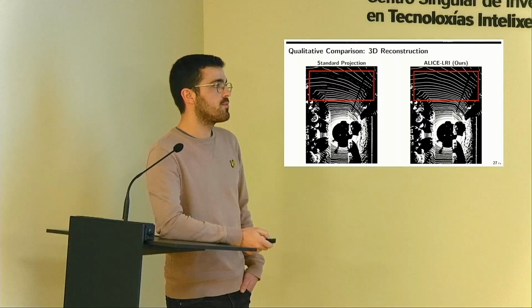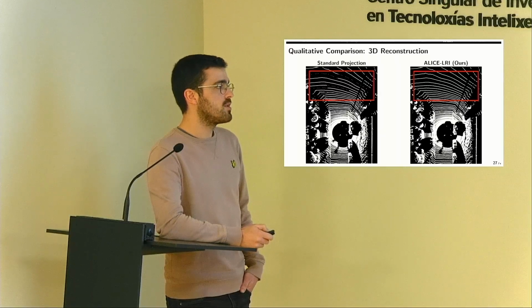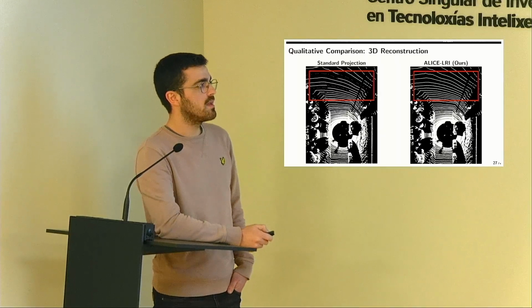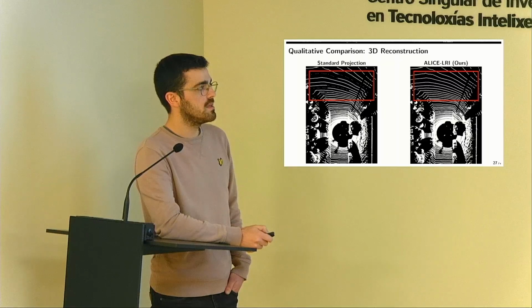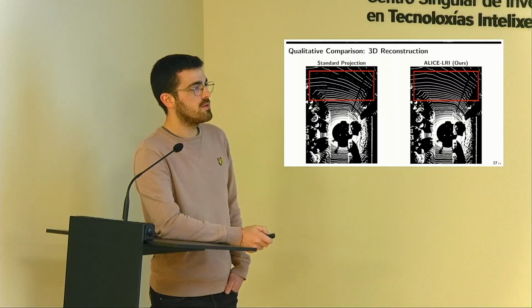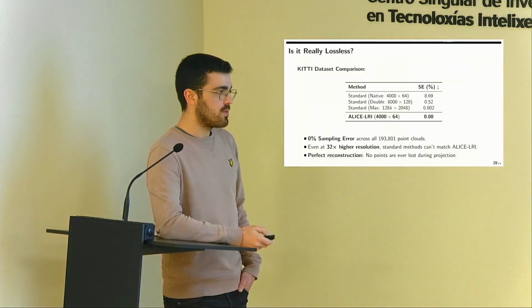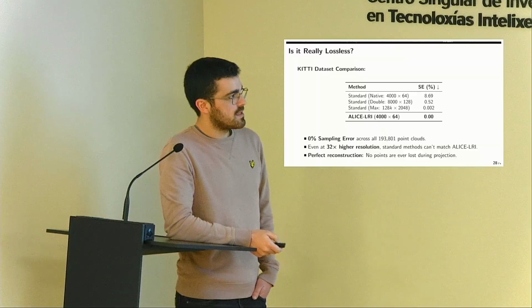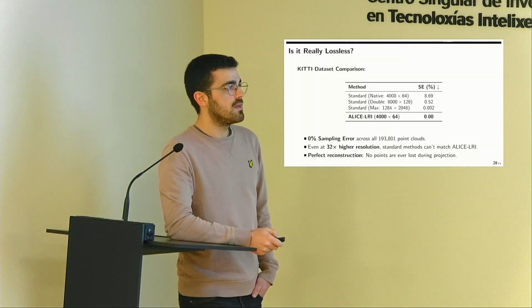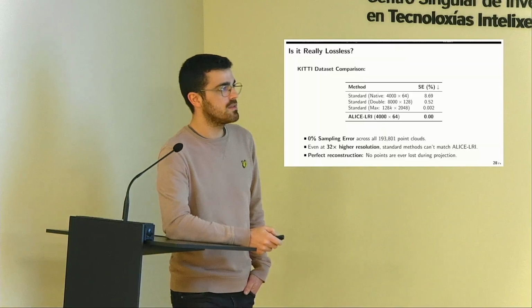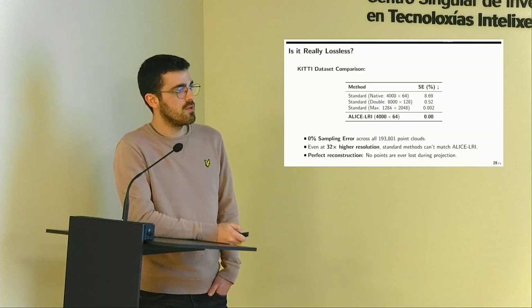Beyond that, when we back project to 3D, the standard projection method has the same limitations, like there are some points here that are missing, especially in these lines here, whereas our method perfectly reconstructs the 3D point cloud. If we go to more quantitative measurements, the standard approach on the KITTI dataset, which is a very famous dataset, on average loses 8% of the points, which is a significant number.